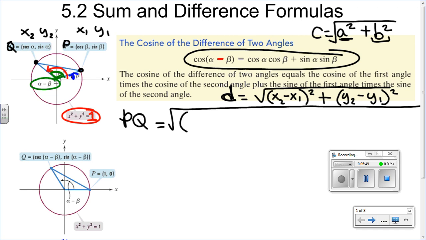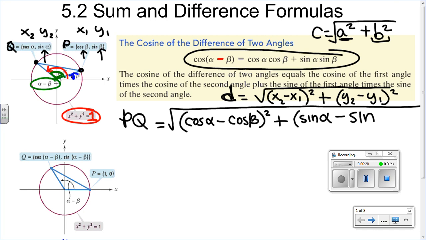So first I will have cosine alpha minus, right here, cosine beta plus, and now I'm going to replace my y's with the sine expressions. So sine alpha from here minus sine beta. And then the square. Are you guys okay with that step?